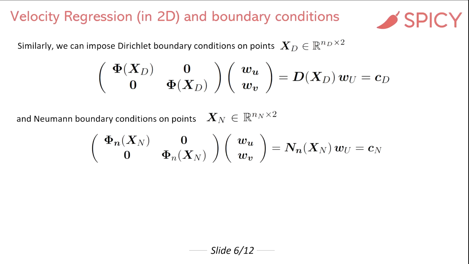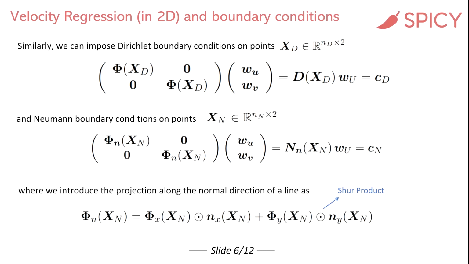In this case we will need to compute the derivatives along the normal direction of a certain patch or boundary in the domain. Now, these normal derivatives are computed as the projection of the gradient of the velocity on the normal direction. So Spicy will ask the user to provide these normal directions, as we will see. Imagine that you have a patch which can be a boundary which is inclined in this way.